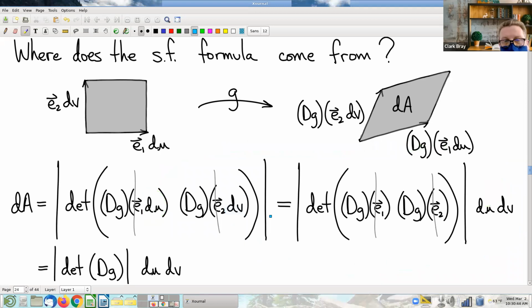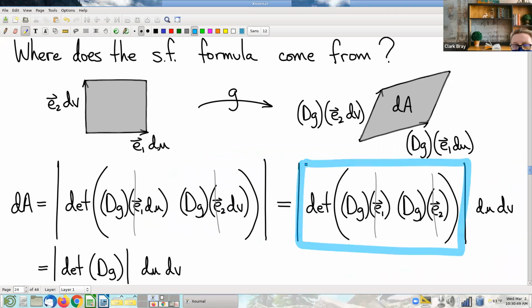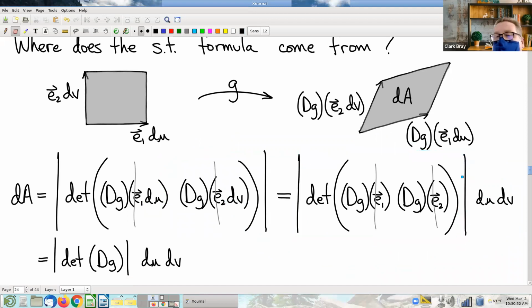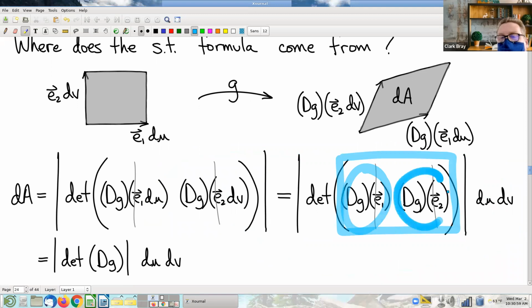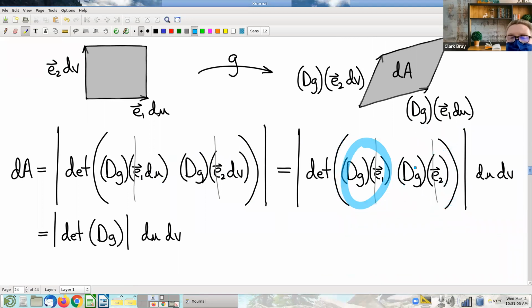So now we've got this thing to deal with. What is that? Let me focus our attention on this matrix in here, this matrix whose first column is that formula and whose second column is that formula. What is this thing I have circled here? This is dg times the first standard basis vector. I claim, if you recall, multiplying by a standard basis vector gives you the corresponding column of that matrix.